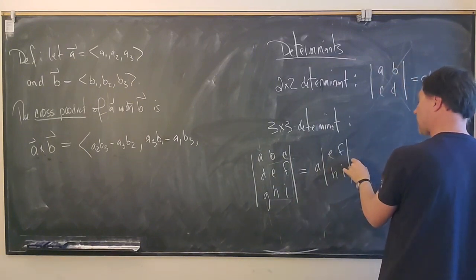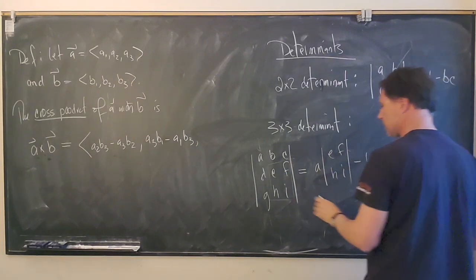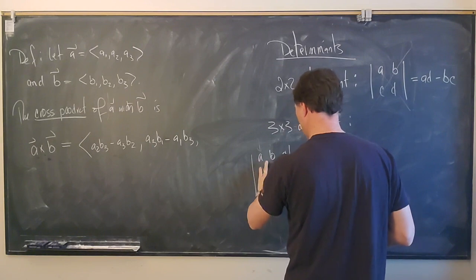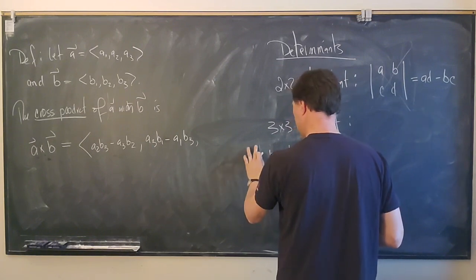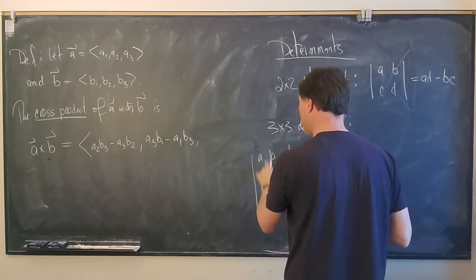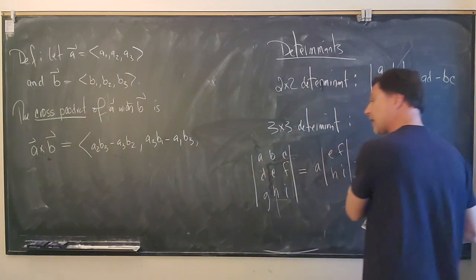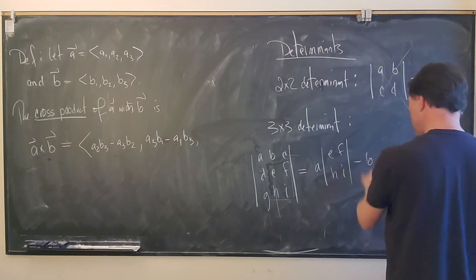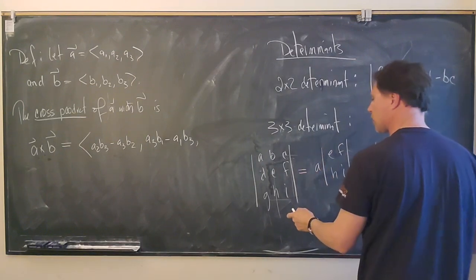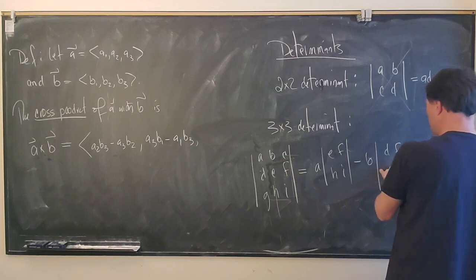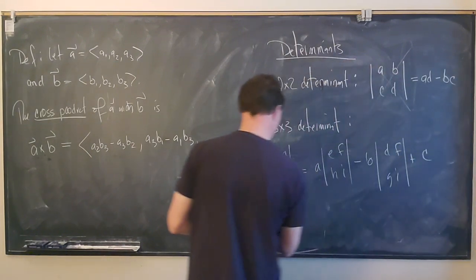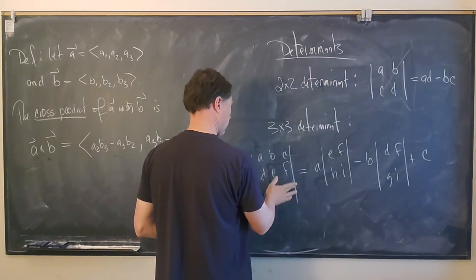Then we subtract minus B, right? So let me clean up my picture now. So now what I want to do is I want the 2 by 2 that we get by deleting the column and the row that contain B. So that's going to be B times the determinant of D, F, G, I. Plus, okay, and then we're going to do this one more time with C, right?